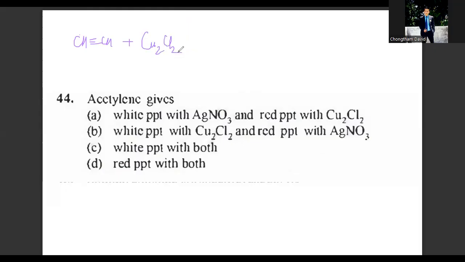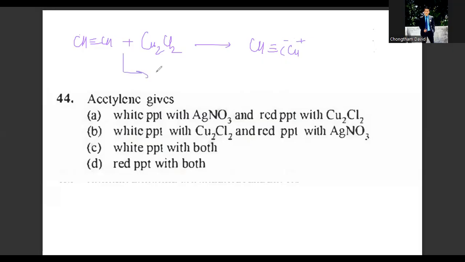When this acetylene reacts with copper chloride, it gives red colored copper acetylide. See, because on the SRP values, when you look at hydrogen, mercury, silver, it can replace this. Okay, copper, this is a salt.